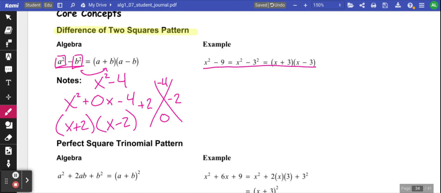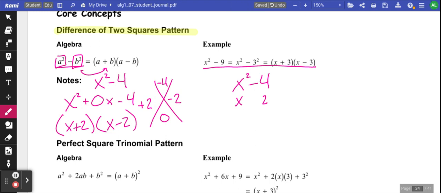But a little bit easier way to think about this is as a difference of two perfect squares. I've got x squared minus 4, and I know that both of those numbers are perfect squares. Really, if I ever give you a binomial like this and say factor it, either there's a common factor, a GCF, that you can take out, or it's going to be this difference of perfect squares. I know that the square root of x squared is just x, and the square root of 4 is 2.